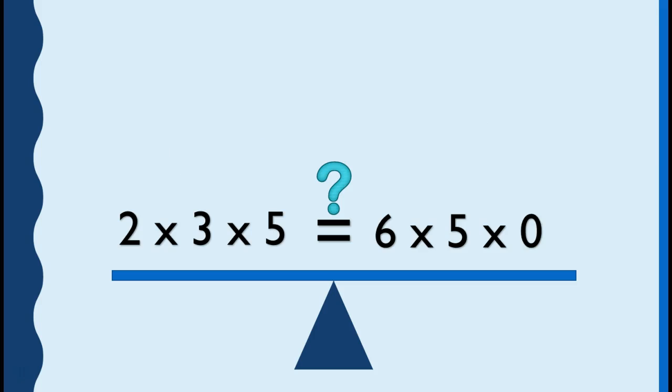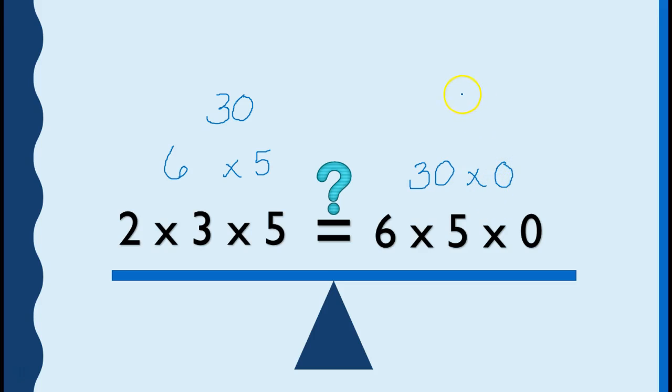What about this one? Is this an equation? Do both sides have the same value? Well, let's take a look. We already know that this side, 2 times 3 was 6 times 5 was 30. 6 times 5 is 30 times 0.